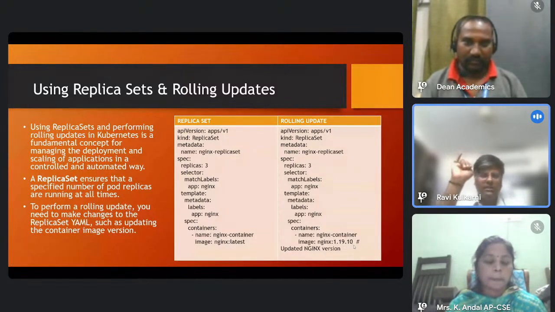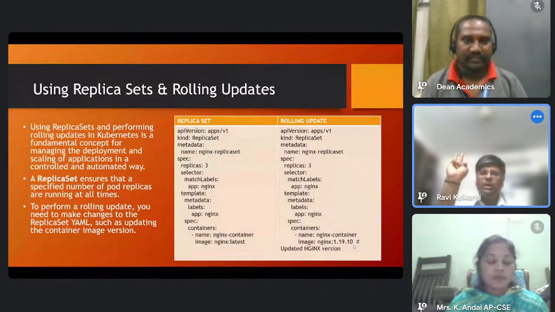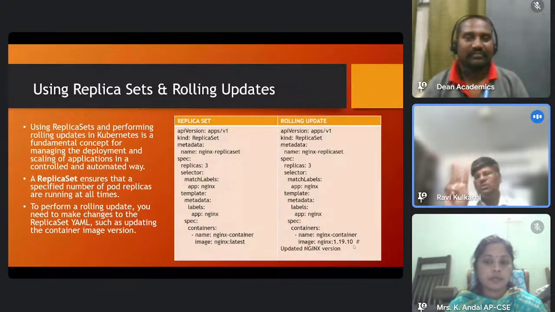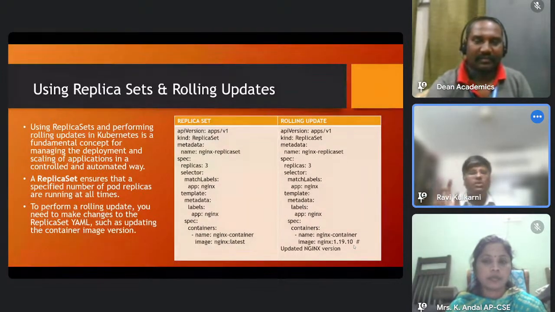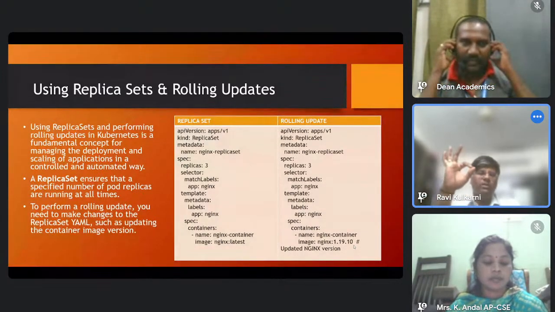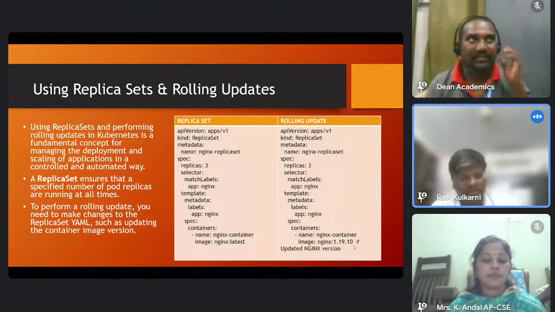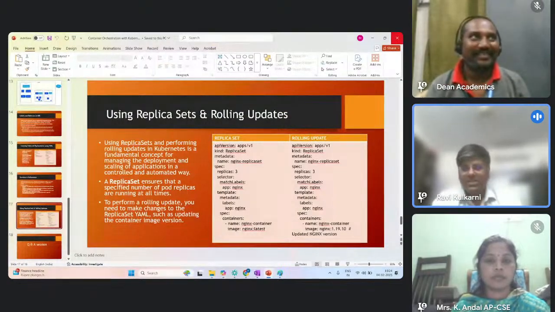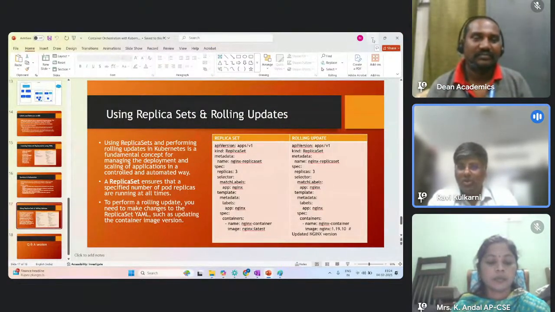One goes down, two are still up and running. Then one goes up, second goes down, then the second goes up, third goes down, and then third goes up, like this. So there is zero downtime when you do the rolling updates, right? So in short, that is what Kubernetes is.